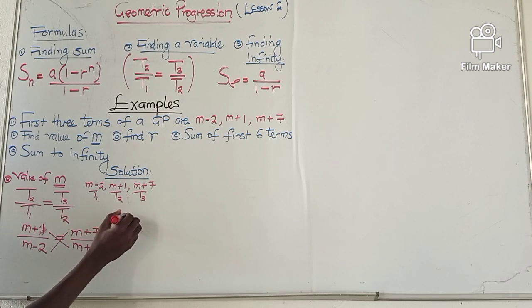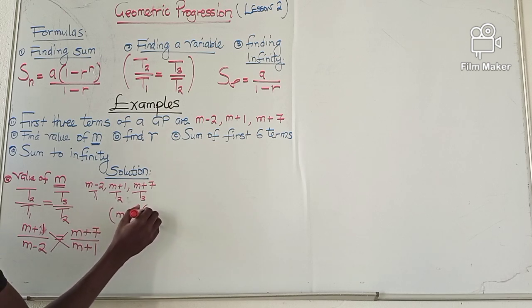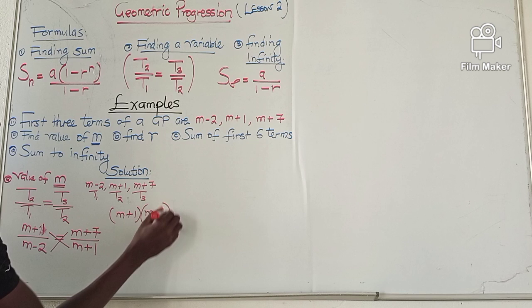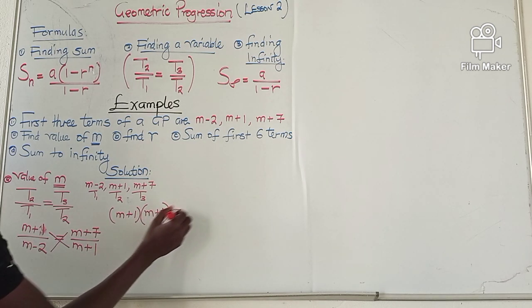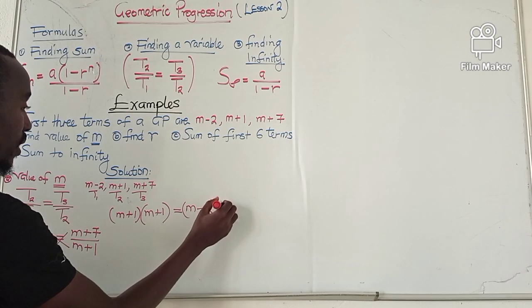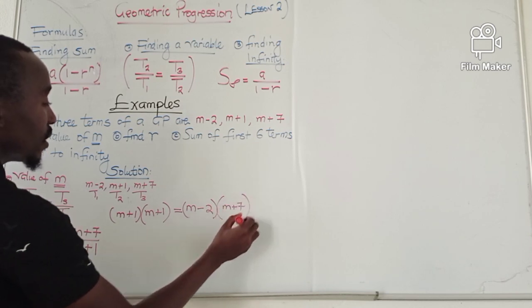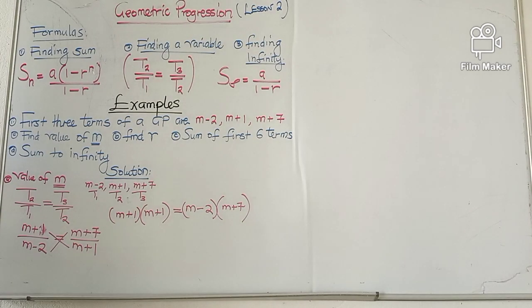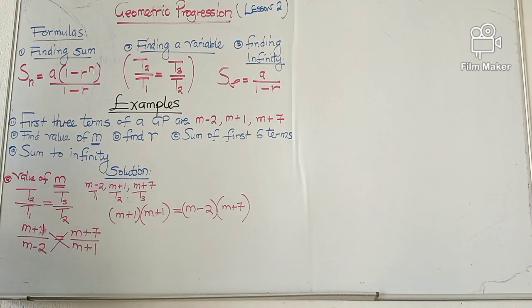So we say m plus 1 in brackets is being multiplied by m plus 1, to be equal to m minus 2 in brackets times m plus 7. Hope you're following. When we reach this step, we break the brackets.